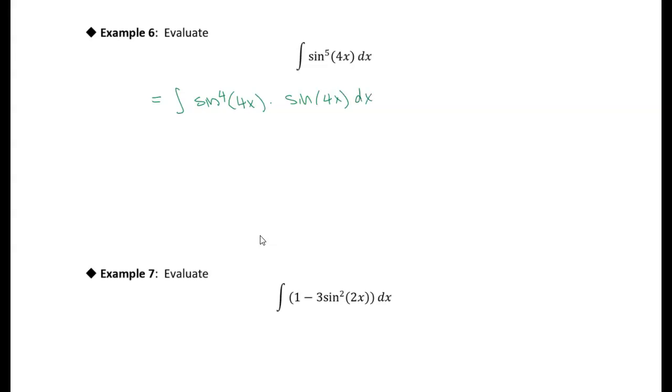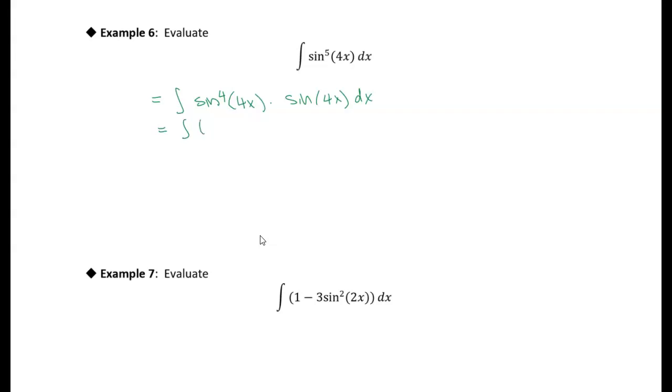Now, if I'm going to do substitution, I'm going to combine the sine of 4x with dx, then I want to change the rest to cosine. The sine to the fourth is sine squared, squared. So let's substitute the sine squared using the Pythagorean identity, right?